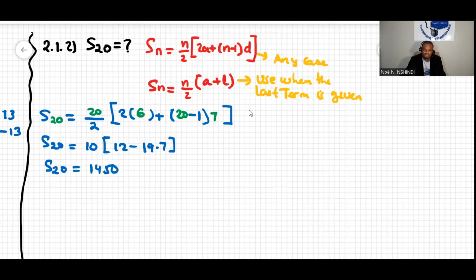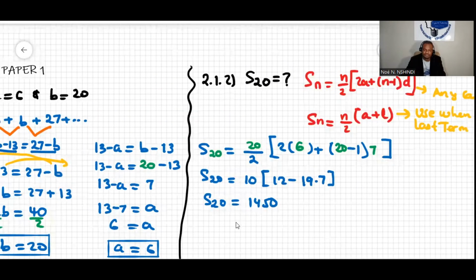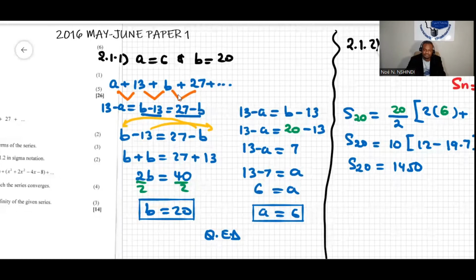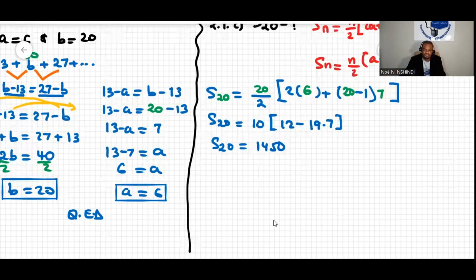The answer cannot be negative, because when you look at the question, we can see that the series is increasing. A is 6, and then 13, and then B is 20, 27. If it is increasing, the sum cannot be negative. The sum must be positive. So S20 equal to 1450.